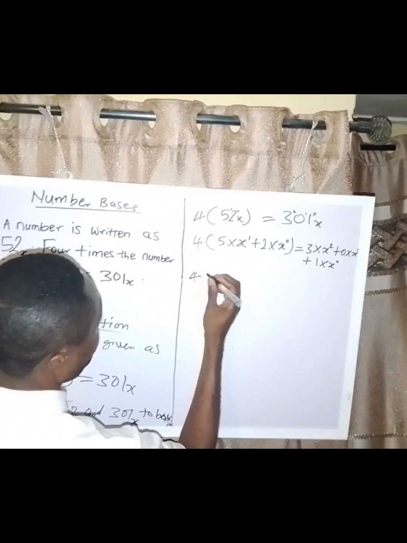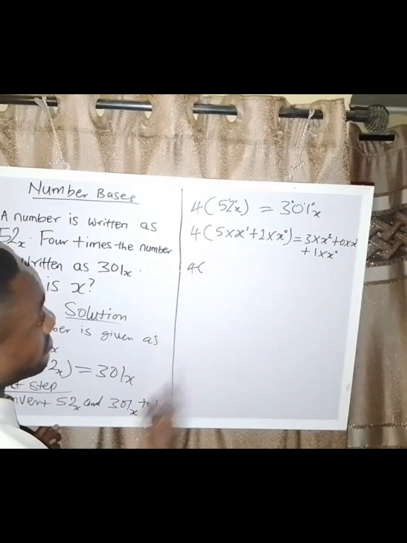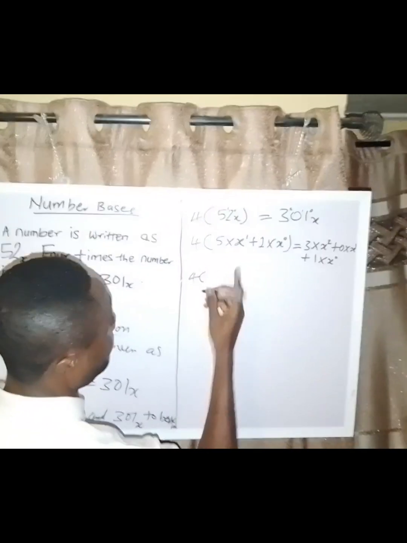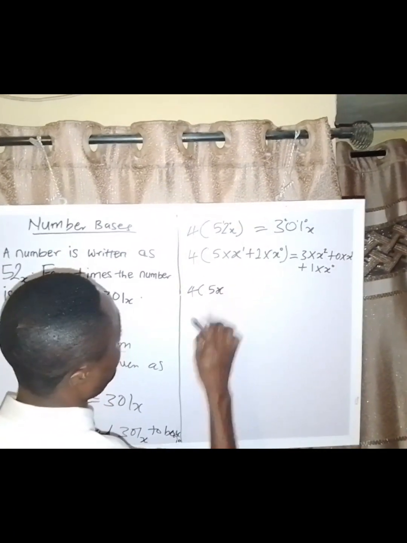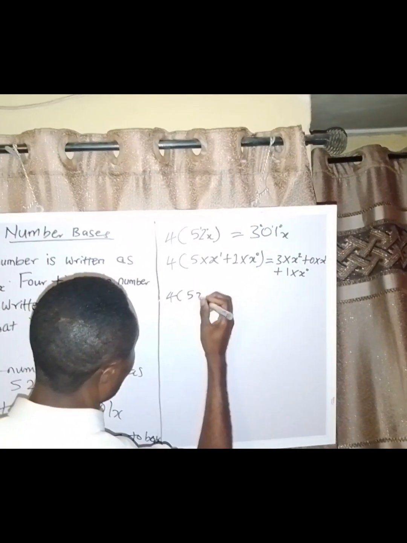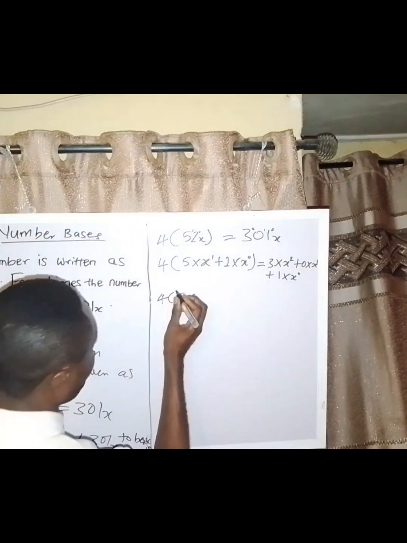We have 4, open bracket, x raised to the power of 1. According to indices, anything raised to the power of 1 will give us the same value. So x to the power of 1 will give us x, and x multiplied by 5 will give us 5x.